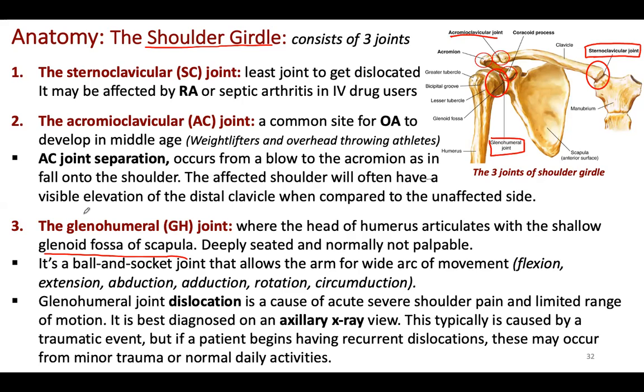Glenohumeral joint dislocation is a cause of acute severe shoulder pain with limited range of motion. It's best diagnosed on an axillary X-ray view. This typically is caused by a traumatic event, but if the patient begins having recurrent dislocations, these may occur from minor trauma or normal daily activities.